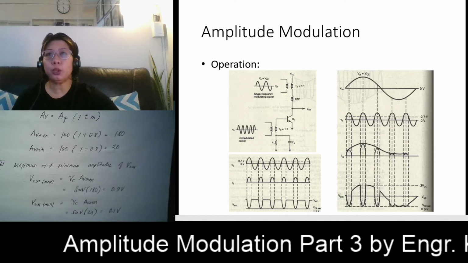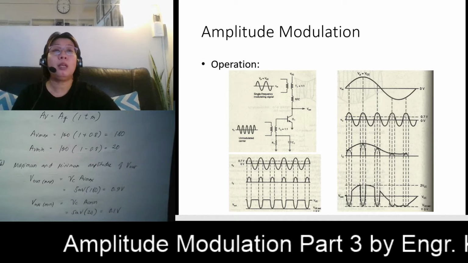So your Q1 turns on just for an instant, very fast because it is less than 180 degrees, allowing current to pass for a short time only.